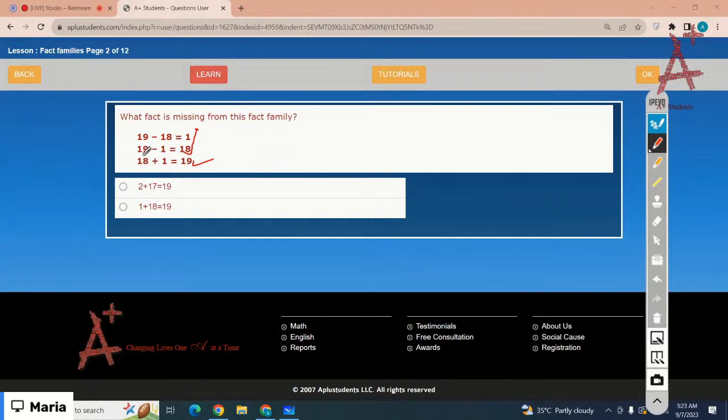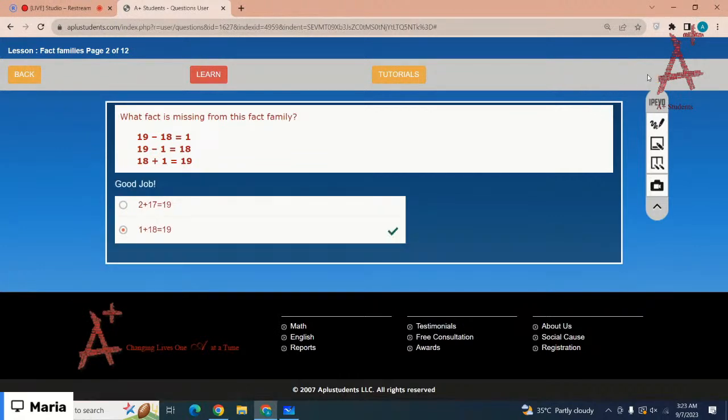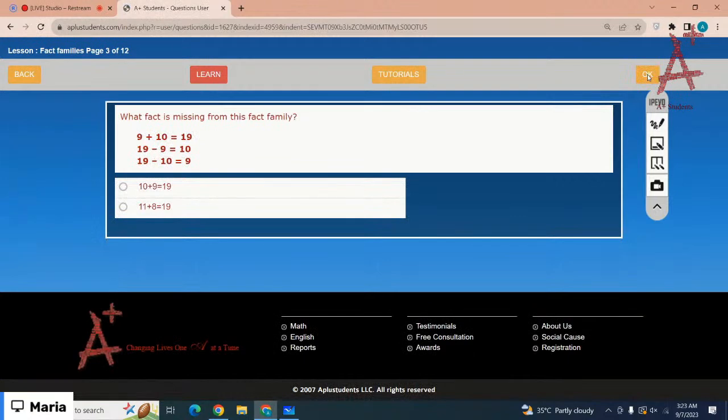That means the missing one is also related to addition. So it would be 1 plus 18 equals 19. The second option is the correct option, right? 1 plus 18 equals 19. That is the correct option. The numbers must be the same in the fact families, right? So the second option is the correct one. If you already know the answers, you can write down the answers in the chat box.